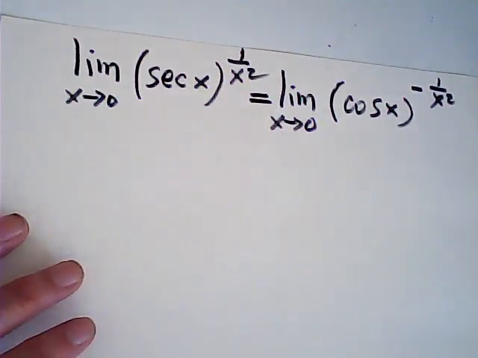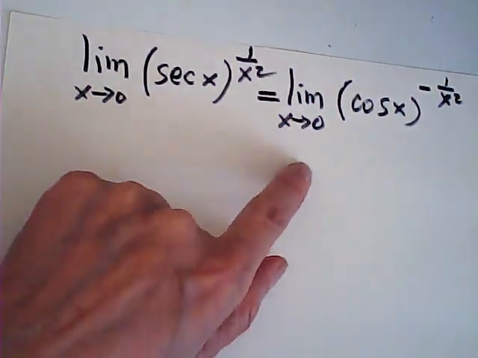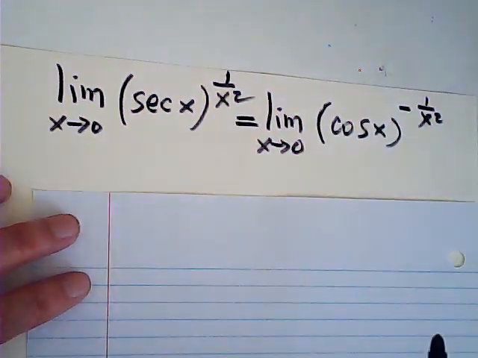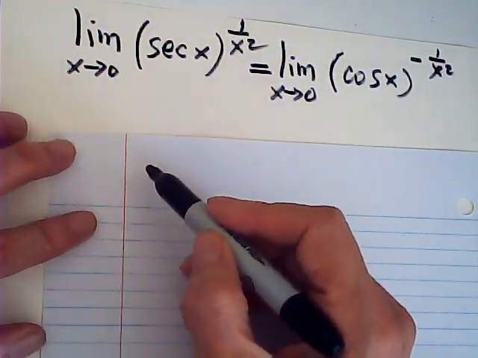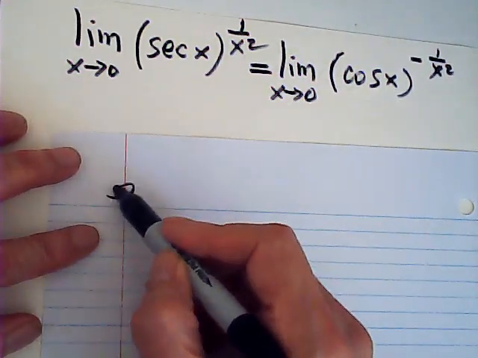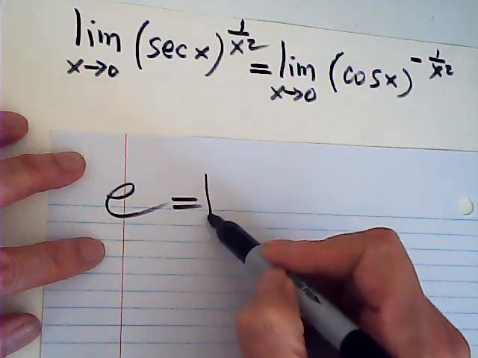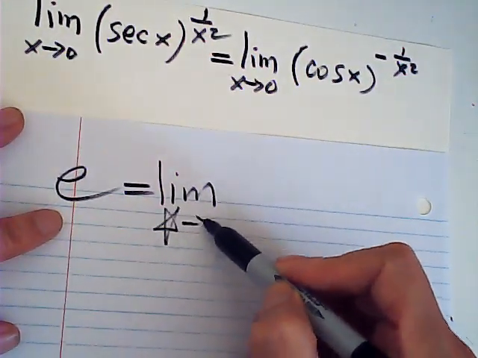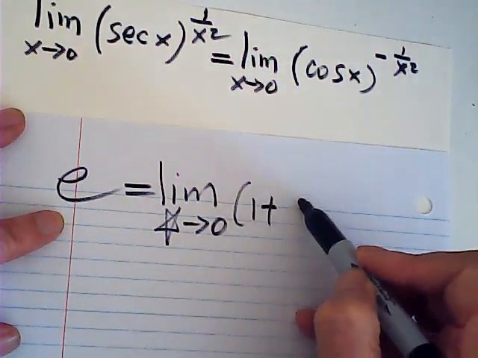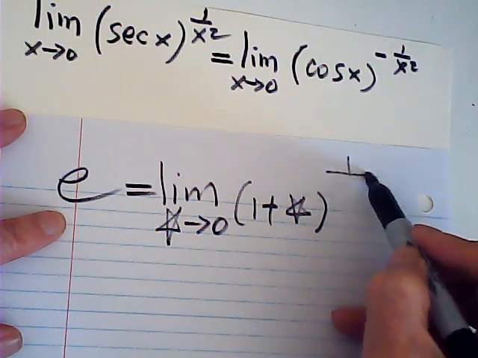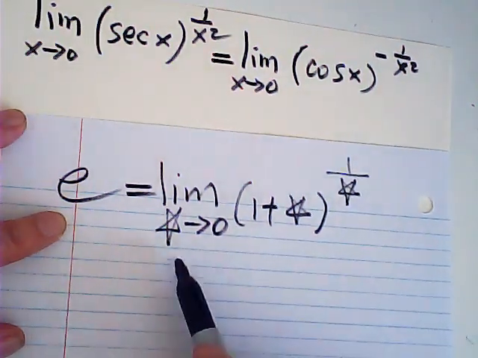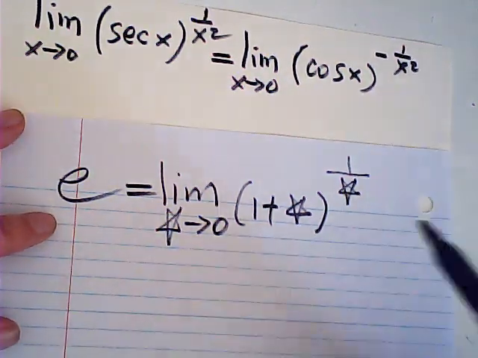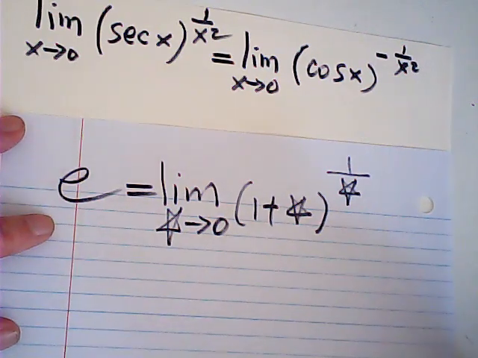Okay. Now, before I continue to do this limit, let's recall something. Where does e come from? e is this limit: something goes to 0, 1 plus something to the 1 over something. This something could be a single variable or a function.